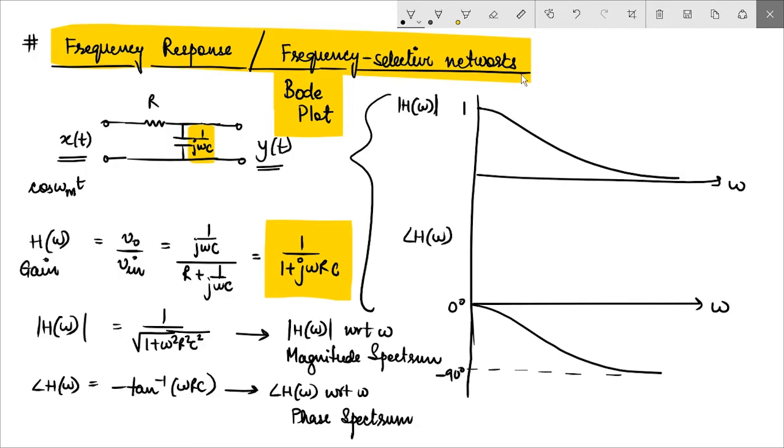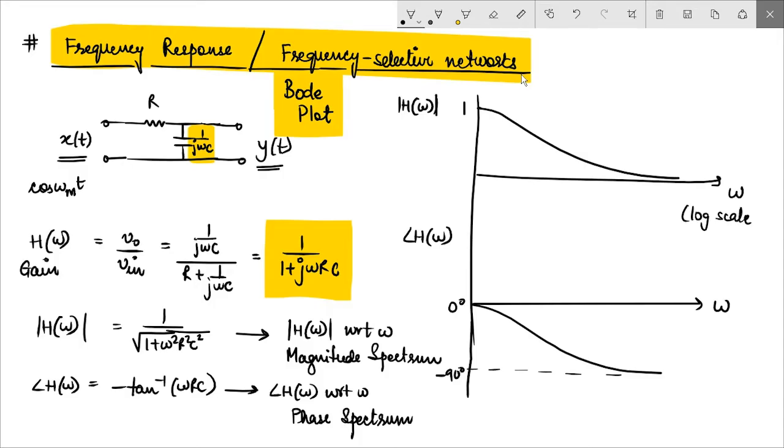Now, one thing to note here is that it's quite common to represent frequency instead of in a linear scale like 10, 20, 30. This is a linear scale. Instead of this scale, it is quite common to represent omega in a logarithmic scale.